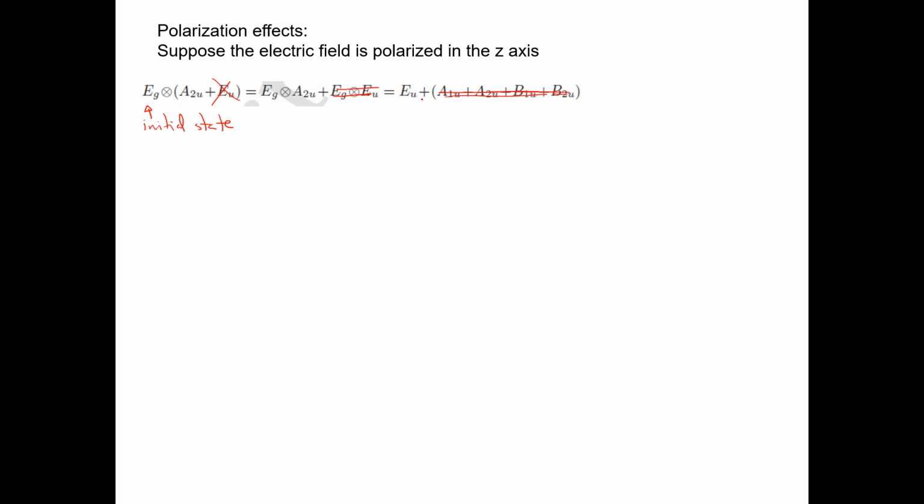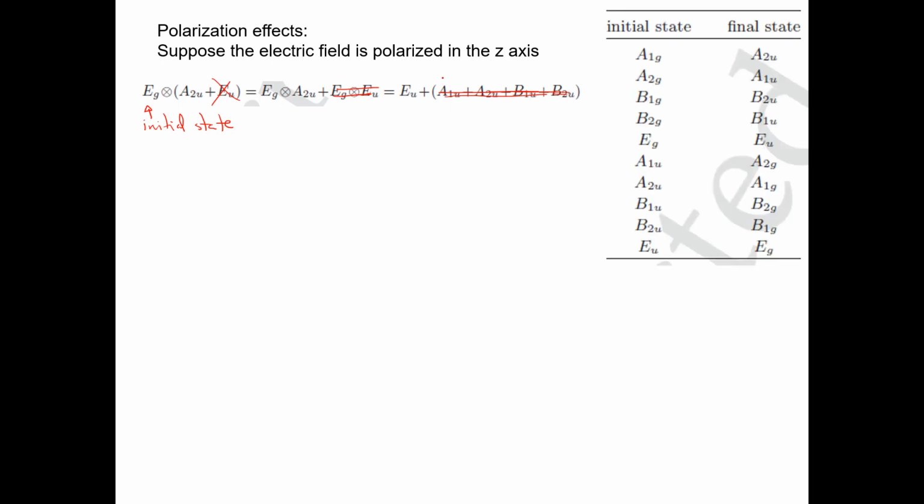So it's more restrictive. If I know the polarization of the light, there can only be final states with Eu symmetry. Then I can repeat this exercise for many possible initial states. In this case, there is a one-to-one correspondence between initial and final states.